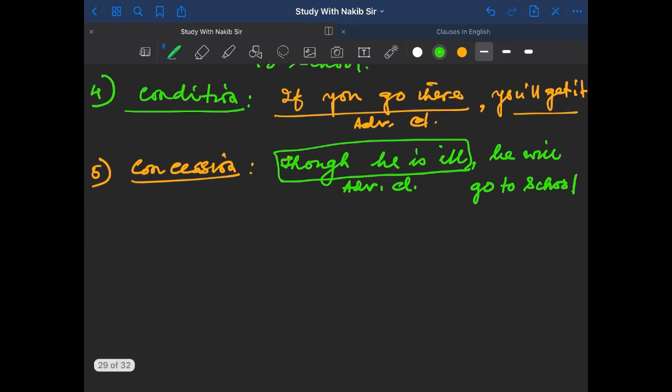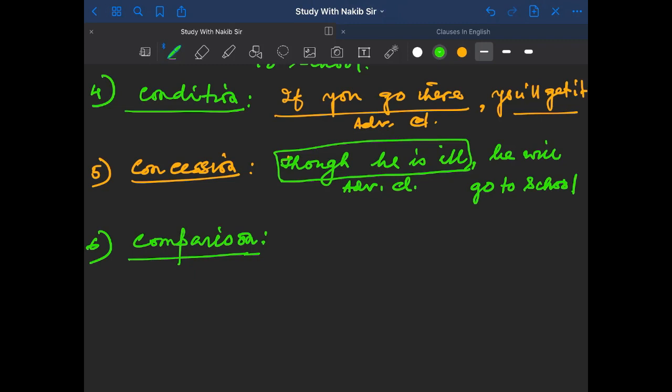Now number 6, comparison. Adverb clause indicates a comparison. So if a comparison is indicated by any clause, that clause is an adverb clause. See the comparison.